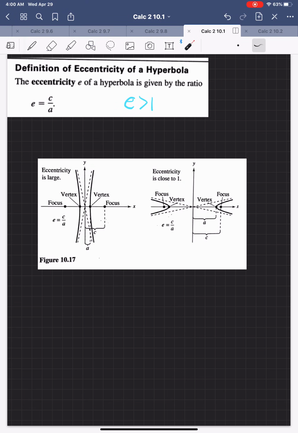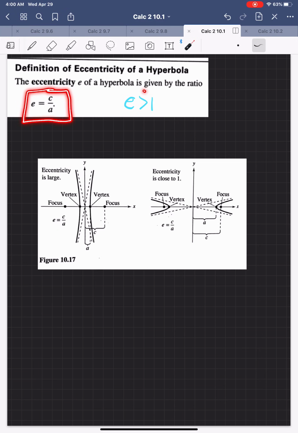Mostly the rest of this section is definitional. Then I have one more little application I'll show you with hyperbolas. If you want to discuss the eccentricity, first let's note the definition: e is equal to c over a.